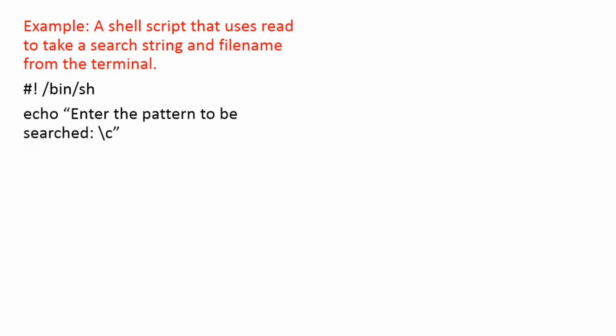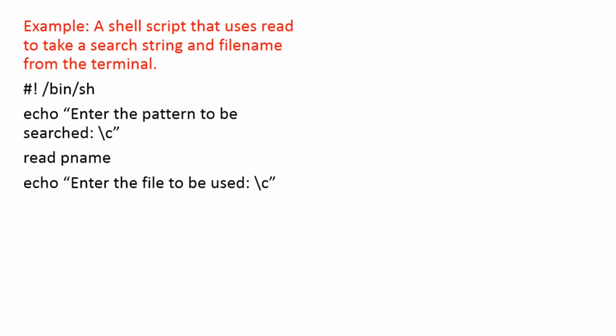Next I am printing one message using the command echo: Enter the pattern to be searched. Next statement, read p name. So here I am reading the pattern name by using the command read.